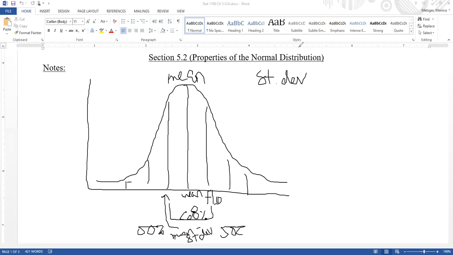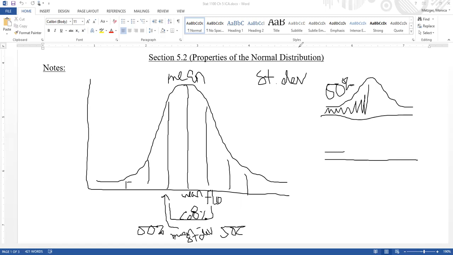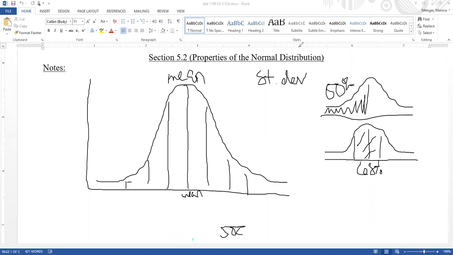So now we've seen the data broken up in 50% pieces, and we've seen that within one standard deviation, we have 68% of our data. We can go further too. Let me erase some of this on our bigger graph and use a different color to help visualize it.